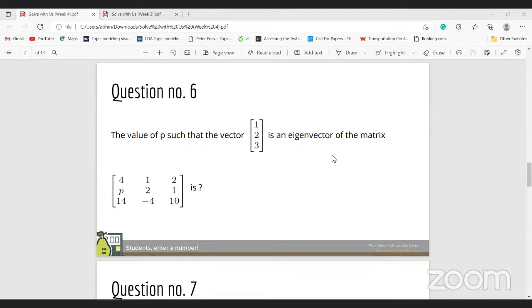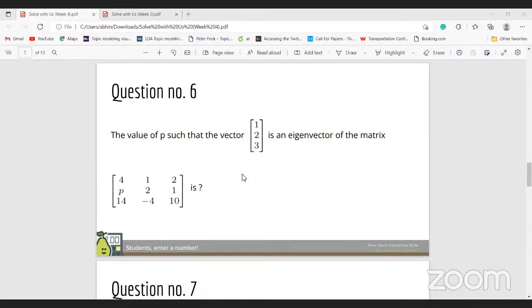Go ahead. Can we say that this vector is in the column subspace of this matrix? I'm not sure right now.